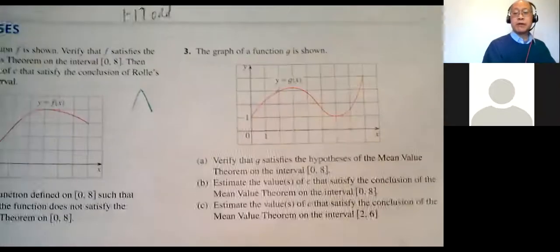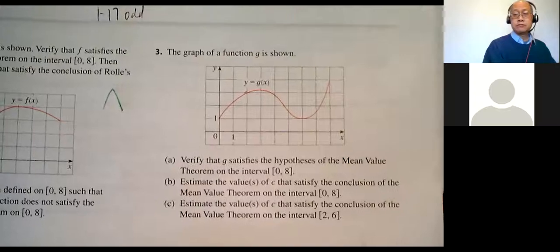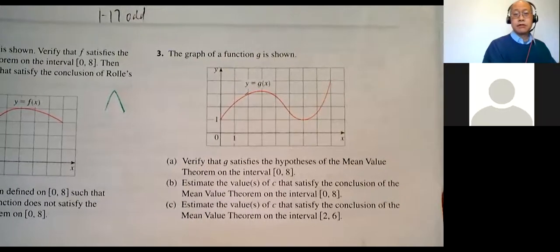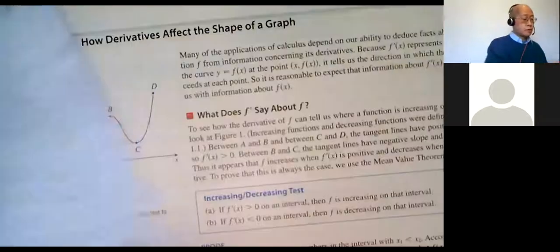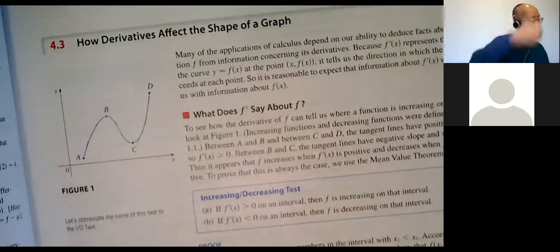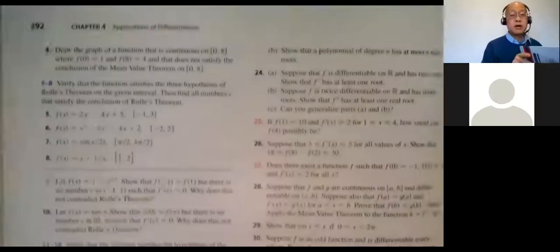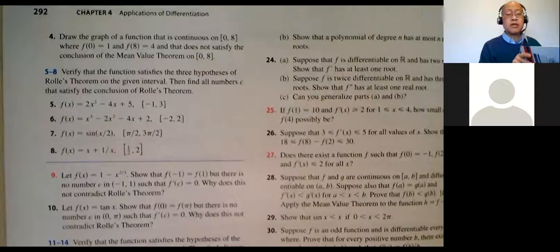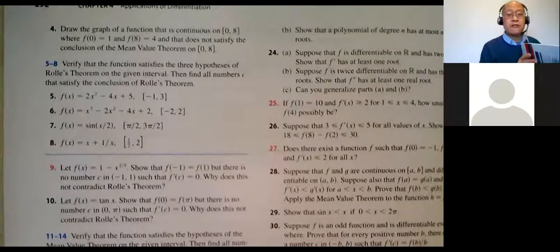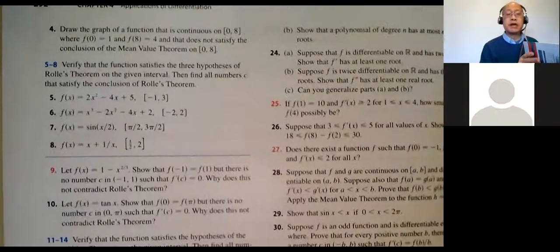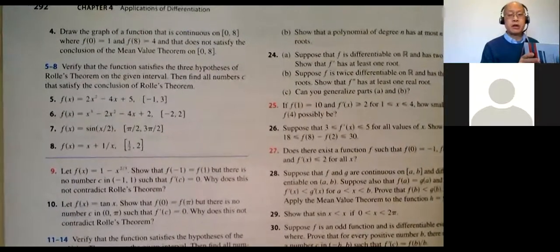3 we can't do yet because it involves the mean value theorem. So I'll have to come back to that later. So I'm going to focus on Rolle's theorem right now. So 5 and 7. Verify the function satisfies the 3 hypotheses of Rolle's theorem on a given interval.